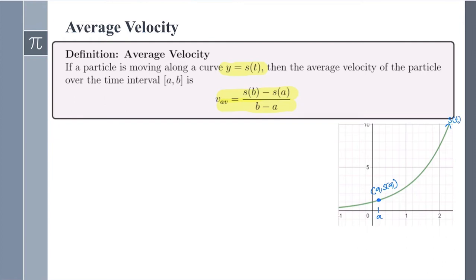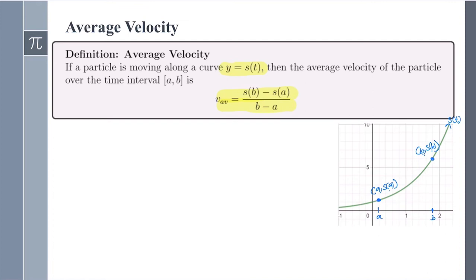Let's take another point, b, and the corresponding point is (b, s of b). In this formula, we are taking s of b, the y coordinate of the second point, minus s of a, the y coordinate of the first point, divided by the t coordinate of the second point minus the t coordinate of the first point, or the x coordinate.